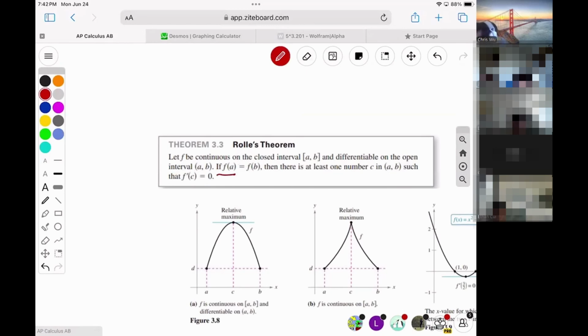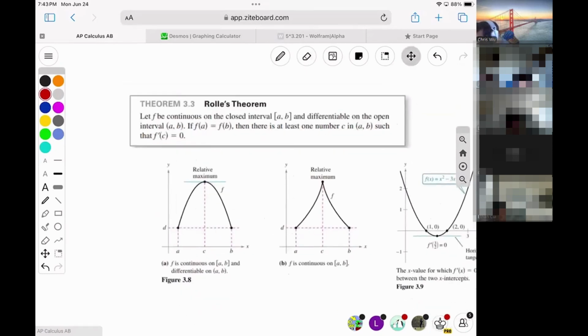And then if the beginning point and end point have the same y value, so if y1 is equal to y2, there exists at least one point c at which f prime of c is 0. So what does that mean?